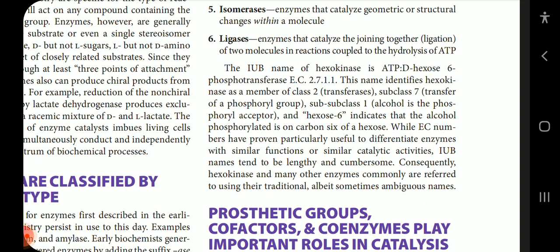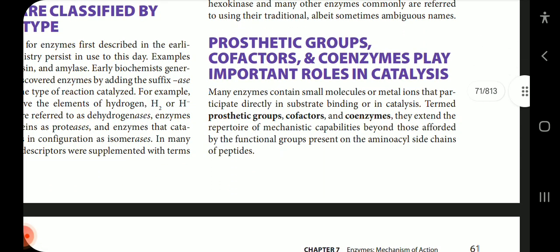While EC numbers have proven particularly useful to differentiate enzymes with similar functions or similar catalytic activities, IUB names tend to be lengthy and cumbersome. Consequently, hexokinase and many other enzymes commonly are referred to using their traditional, albeit sometimes ambiguous, names.